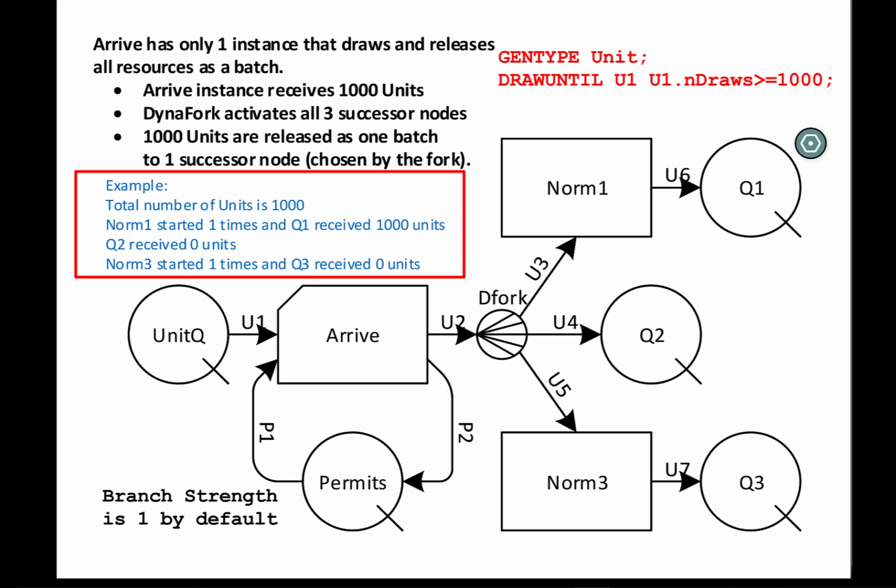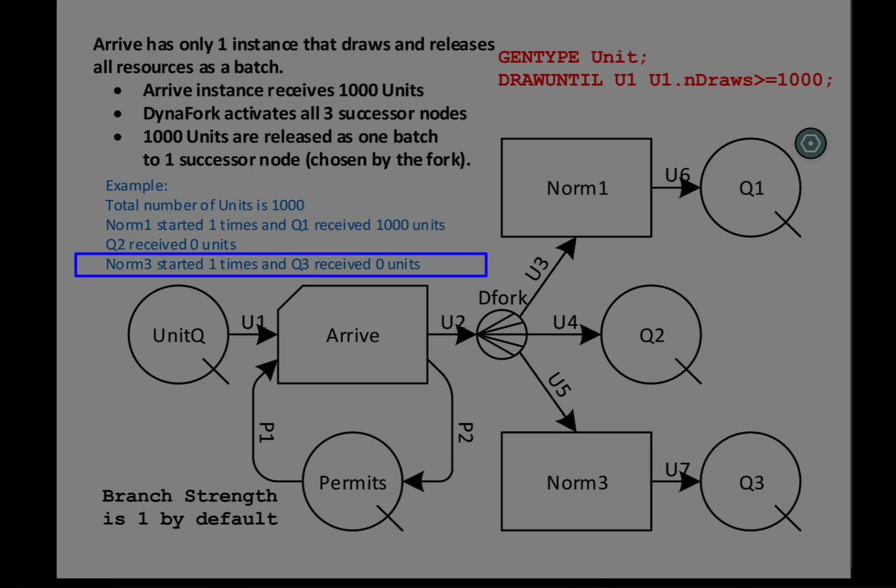Q2 will receive 0 units. Norm3 will start 1 time, but Q3 will receive no units. This last observation is the difference between a fork and a DYNAFORK. In a fork, norm3 would not create an instance. In a DYNAFORK, norm3 would create an instance.